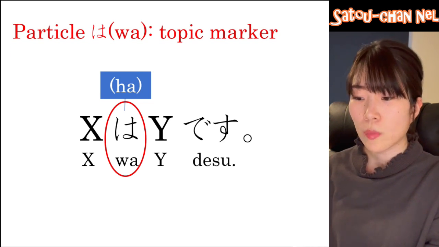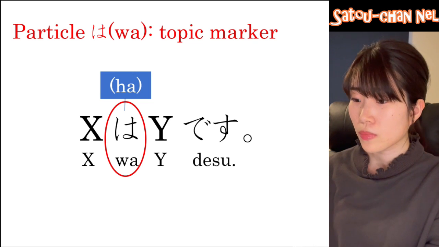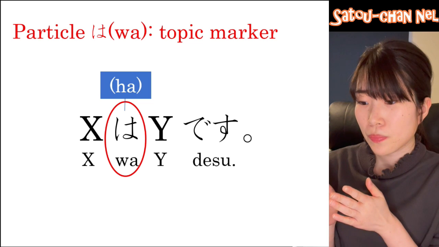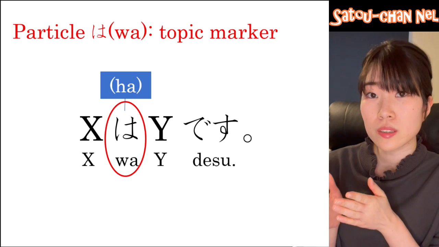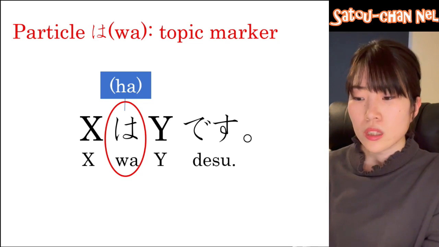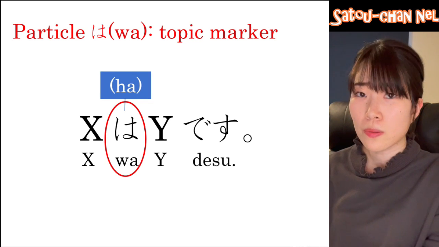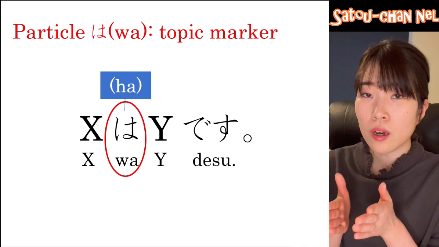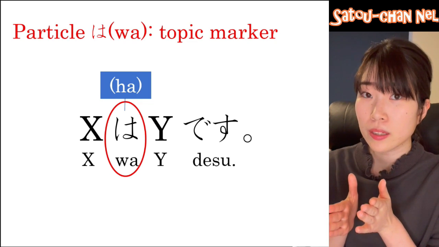It indicates the topic of the sentence, the word before the particle wa. So X is the topic. This particle has other functions as well, but today let's just focus on the main one, topic marker.